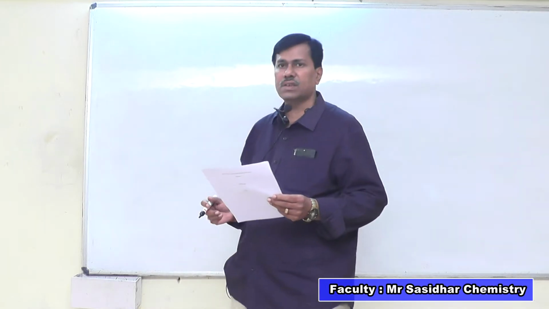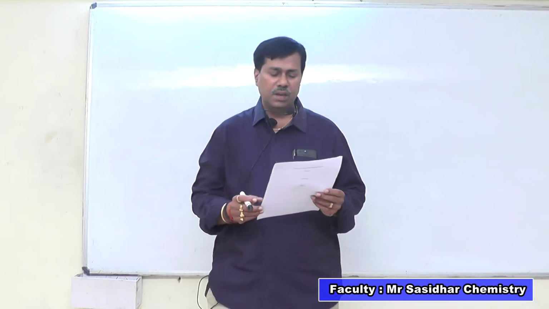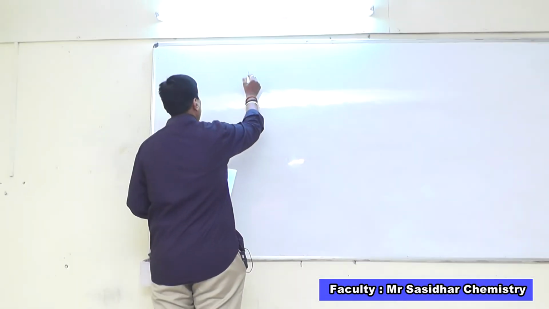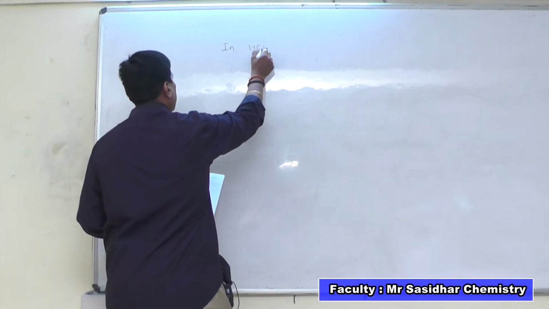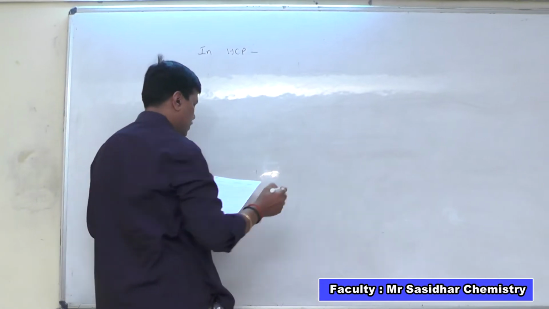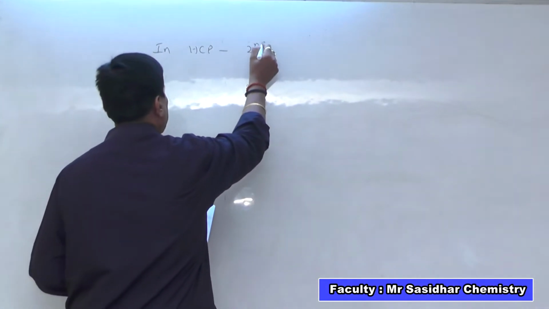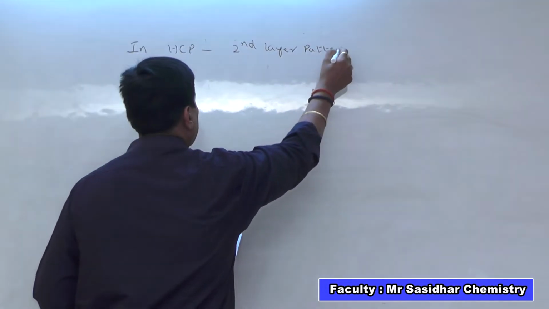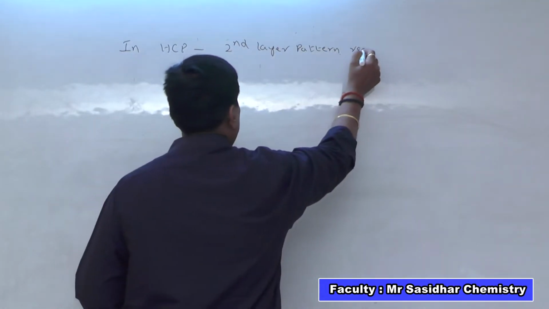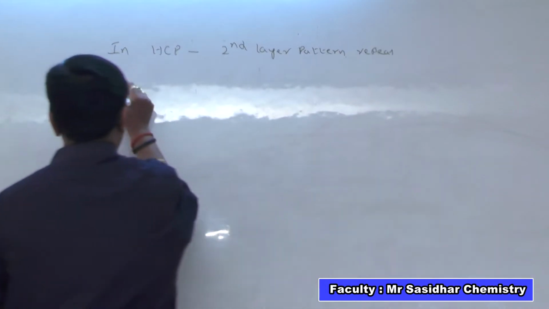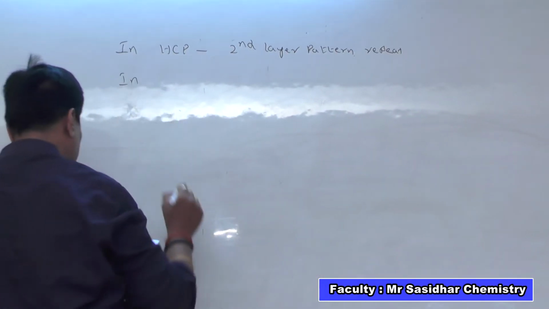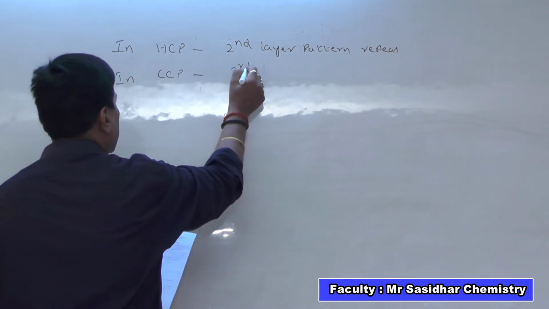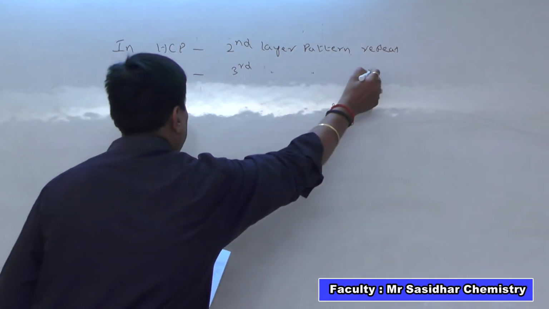So this is either HCP or CCP. In HCP, we have the second layer pattern repeating, while in CCP, we have the third layer pattern repeating.